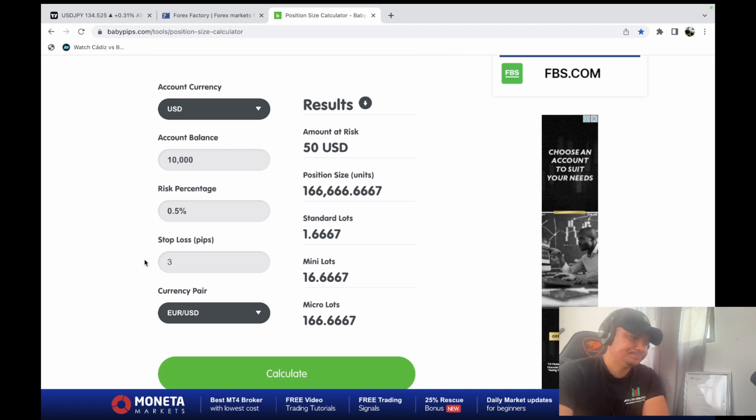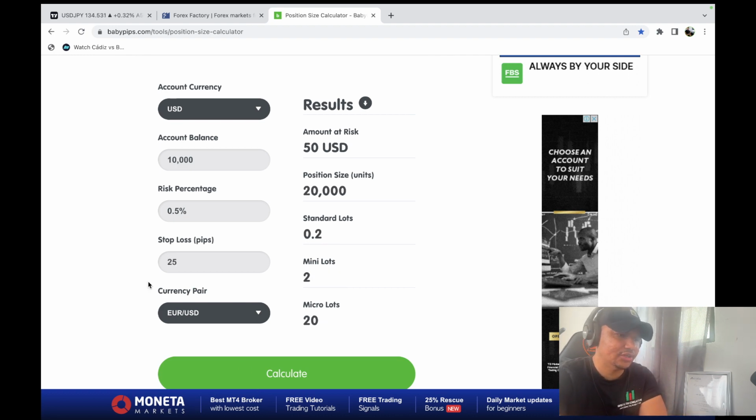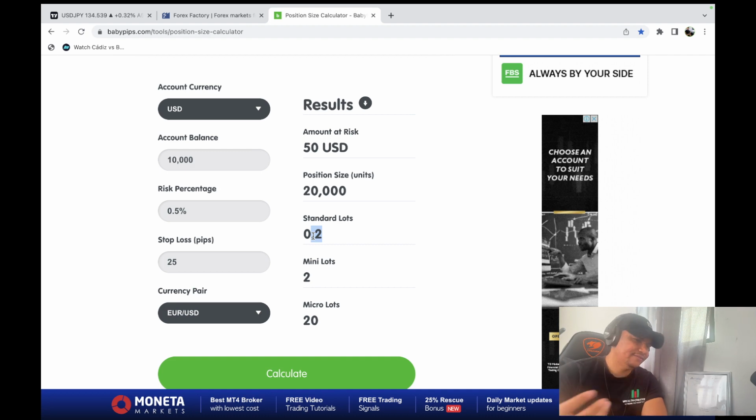Next thing you know, group number 45 says, oh, you need to buy Euro USD, risk 0.5, but we're gonna go with a 1-to-1 risk reward. Now the stop loss is 25 pips. Now you are left with a 0.20 lot size. Basically what the moral of the story is, you will be inconsistent with the lot sizes because you will be all over the place, right?